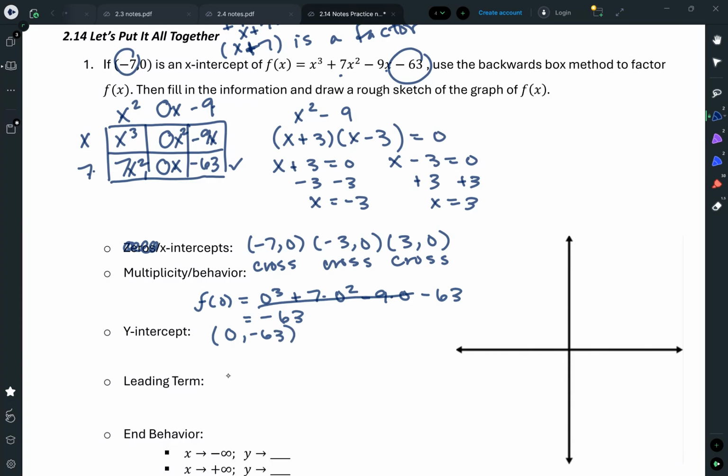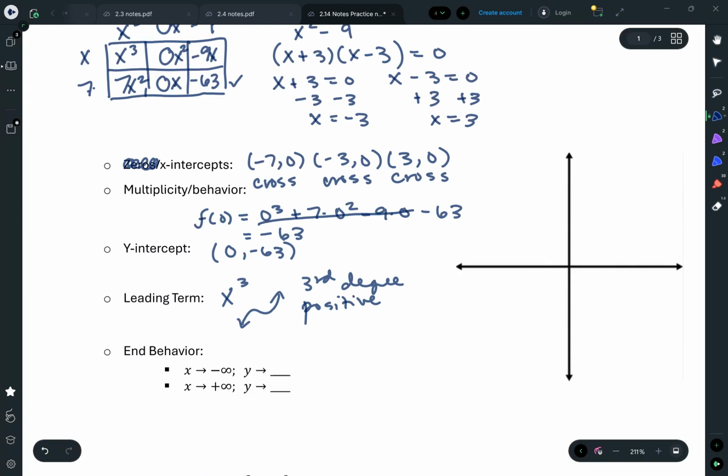My leading term was x cubed. So that means I have cubic, I have third degree, and it's positive, which means this is my graph shape. And because that's my graph shape, my left-hand arrow is pointing down, so negative infinity. My right-hand arrow is pointing up, so positive infinity.